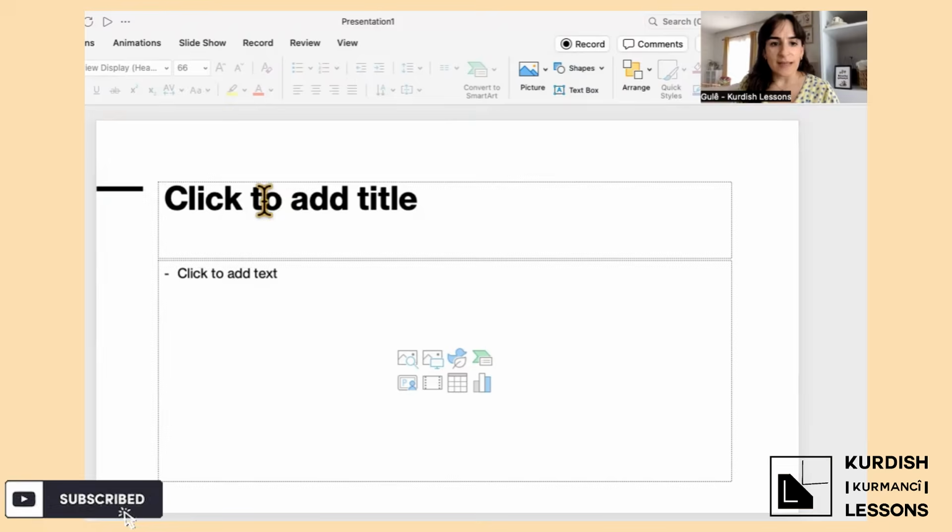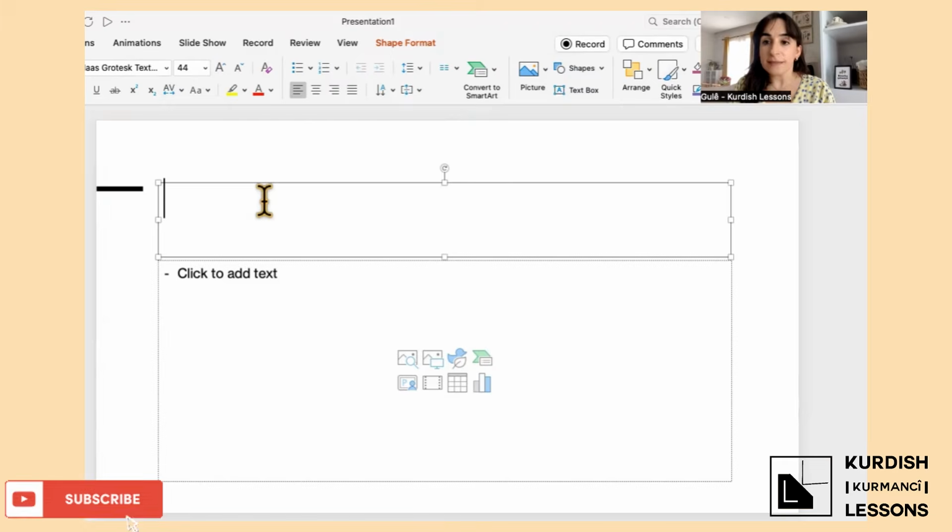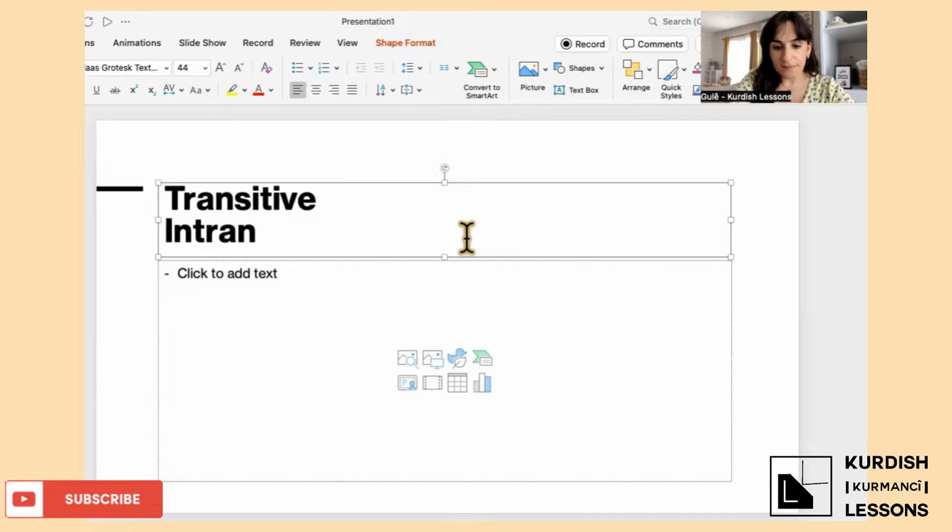Like in the simple past tense, first you decide if the verb you will use in your sentence is transitive or intransitive.